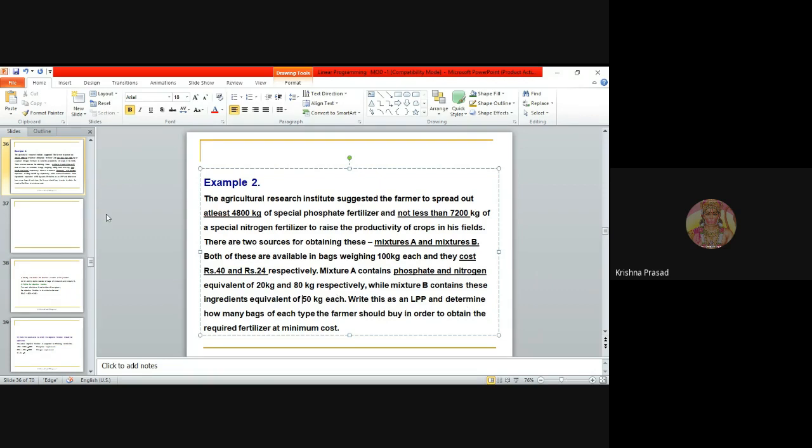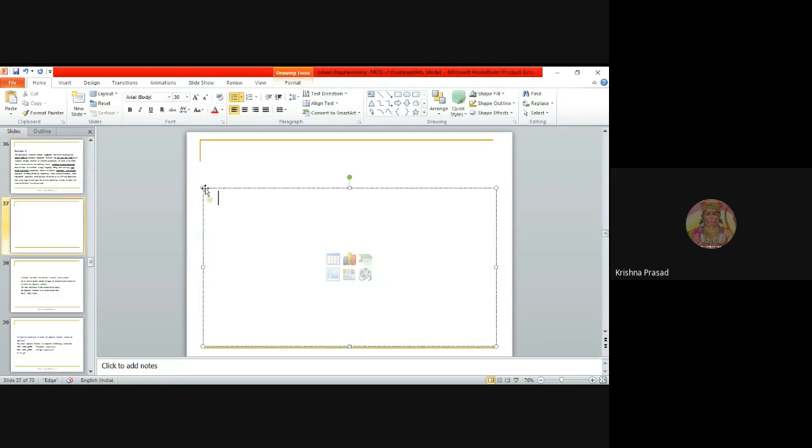Now let us try to talk about the first thing. We are having decision variable first. Decision variable: x1 is mixture A and x2 is mixture B. The theory I had given in detail.